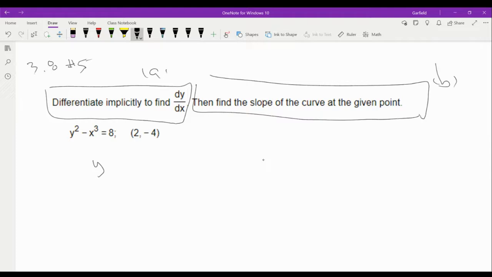So we have y squared minus x to the third is equal to 8. And notice that what we're finding is dy by dx. So this is very important. If we're finding dy by dx, it means that we're taking the change with respect to x. Keep that in mind. So we're taking the derivative with respect to x.